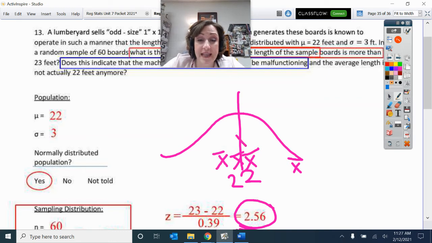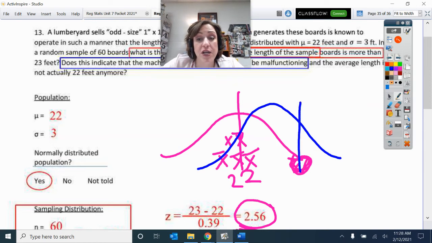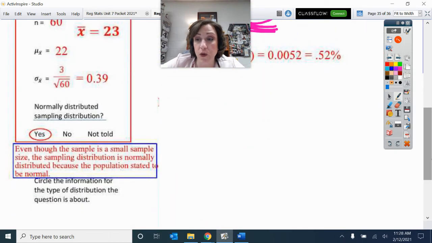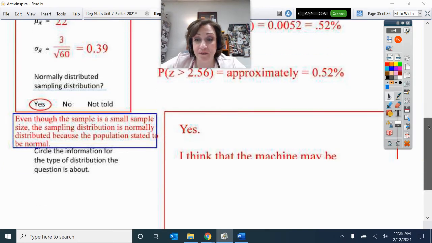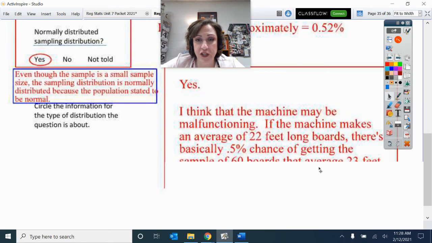Since I got this one so far out here, then maybe this data isn't really centered at 22 and it may be centered somewhere a little bit higher, to where the results I got were not as unusual. So, therefore, my conclusion says, yes, I think the machine may be malfunctioning.